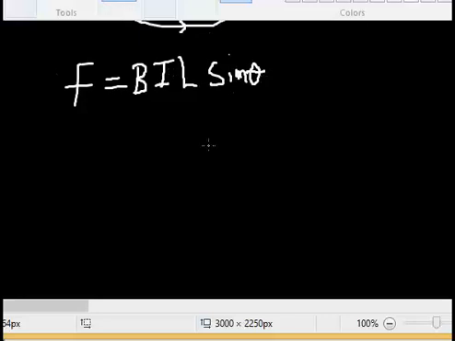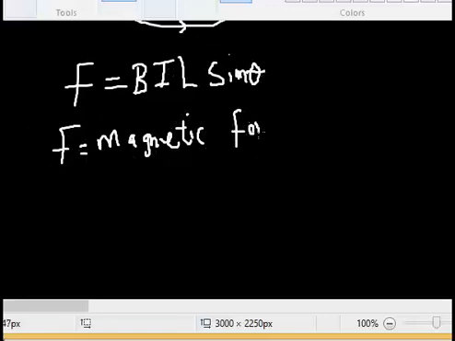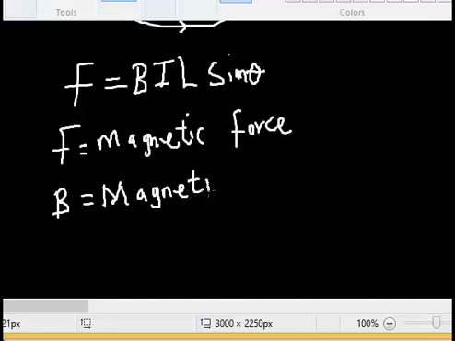Alright, so let's look at what all the symbols represent. The F here is the magnetic force. The B is the magnetic field strength or magnetic flux intensity. So either you call it magnetic field strength or you call it magnetic flux intensity.